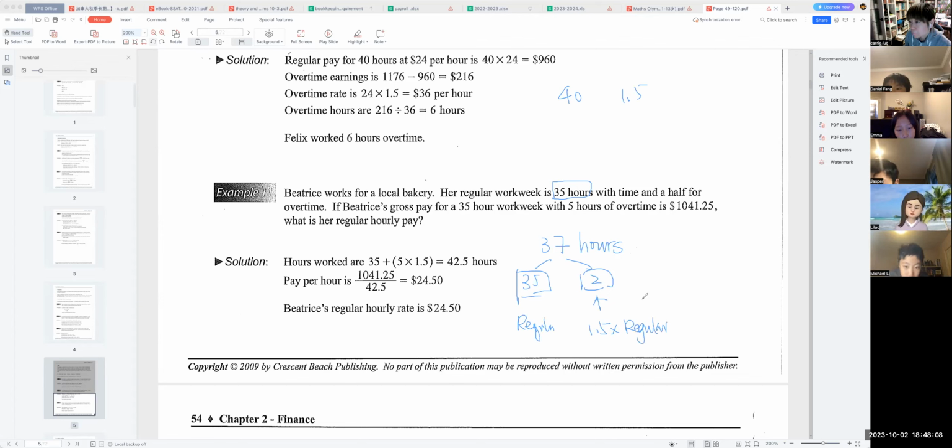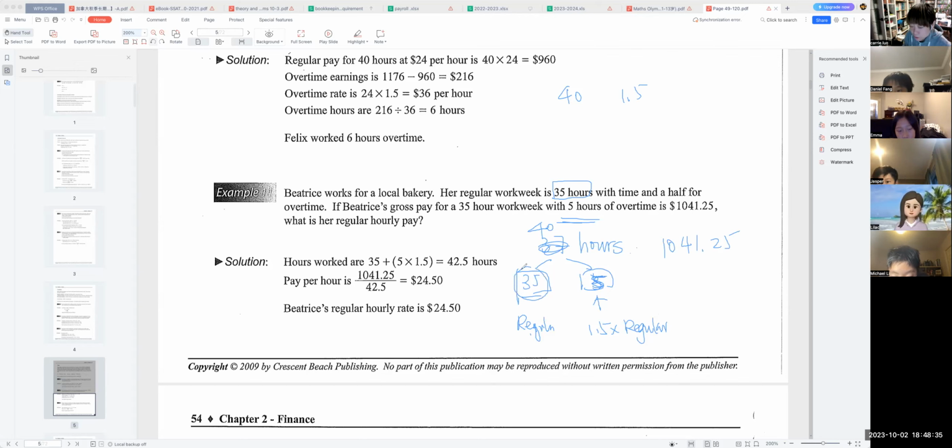Understand, Emma? Okay, so let's see. Beatrice's gross pay for the 35 hours worked plus 5 hours overtime, okay? So it's actually 35 regular and 5 at 1.5. So the total is 1,041.25. So how do we do it?